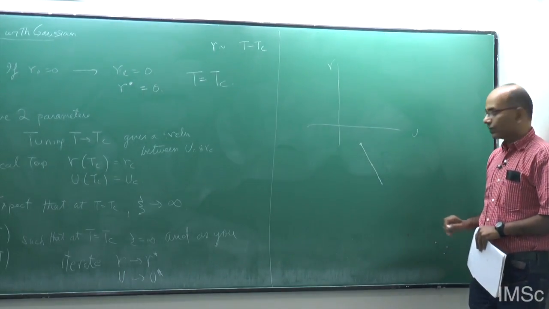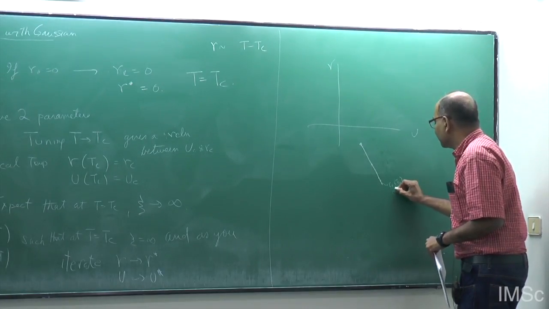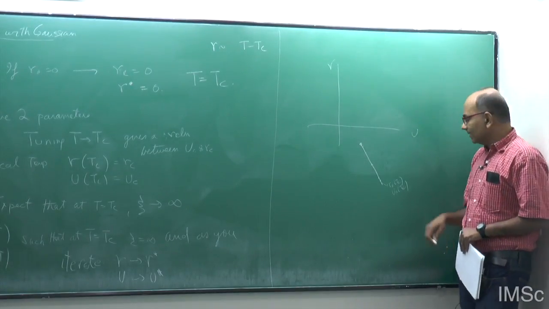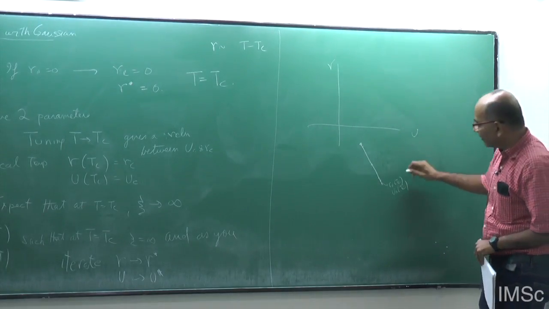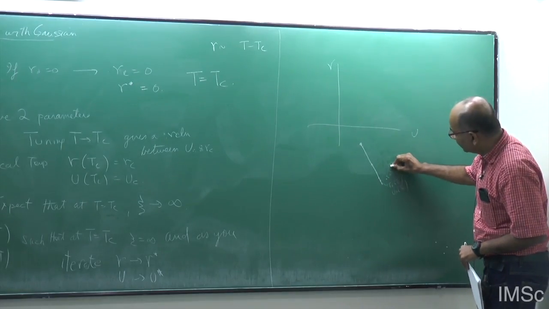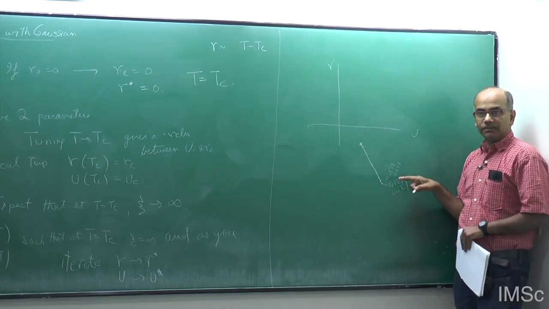This is your R0 at Tc and U0 at Tc. If your T is not equal to Tc, you're somewhere else, not on this line. So this is R0 T, U0 T, where T is not equal to Tc.